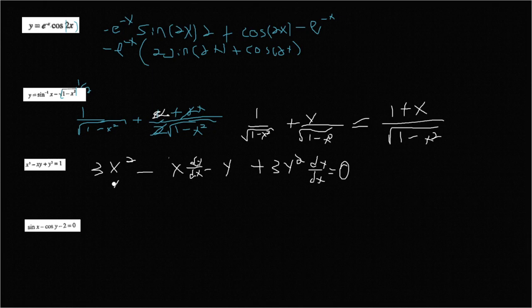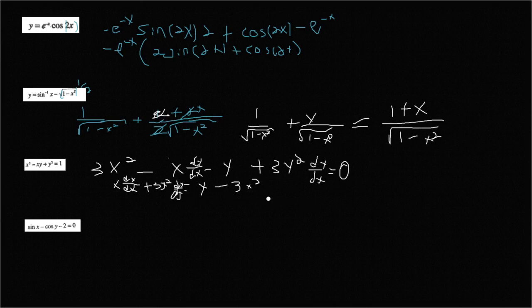So we're going to have x dy/dx plus 3y squared dy/dx. And then we're going to move everything else to the other side, so it's just going to be y minus 3x squared.